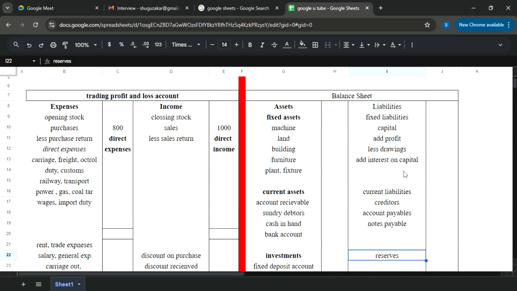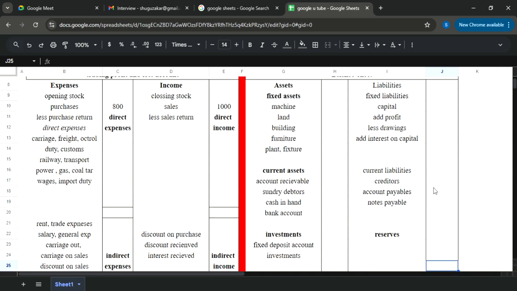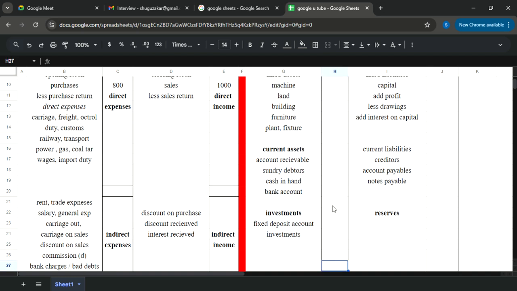Here finally you will write your reserves, and any reserve by name. If a reserve is written in your question, you will write all those reserves over here. Just a little bit I will let you know how you will write the amounts. Amount of machine you will write over here, land over here, building. In this way, amounts of all assets would be written over here.